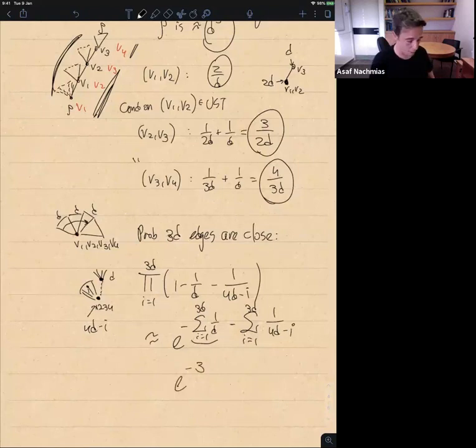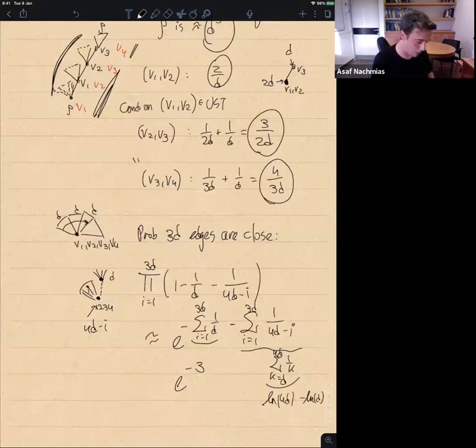And this sum is the sum of 1 over k, k going from D to 4D. When i is 0 or 1, it is 4D, and when i equals 3D, this is just D. So this is just going to be the logarithm of 4D minus the logarithm of D. And some people say that this is 1 over 4.